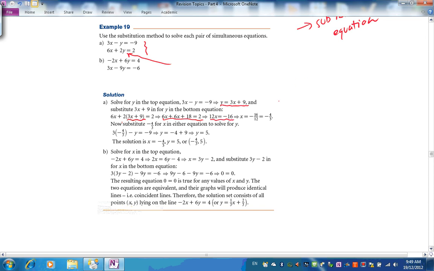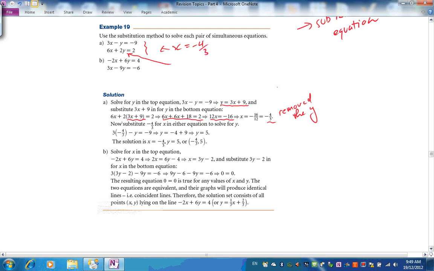We have done it. We have removed the y and obtained an equation in x so we can solve for it. And then, of course, once we have the value of x, we substitute it back into either equation. So we can substitute in here x equals negative 4/3.